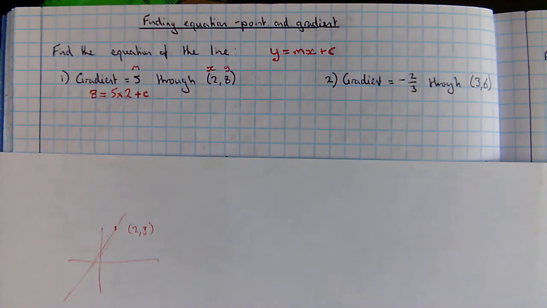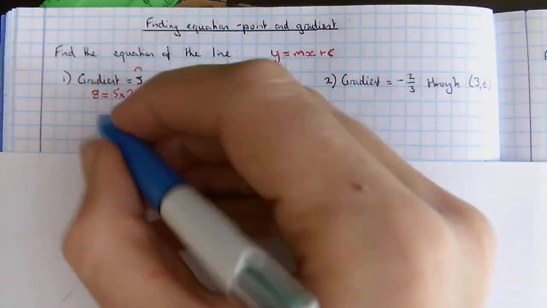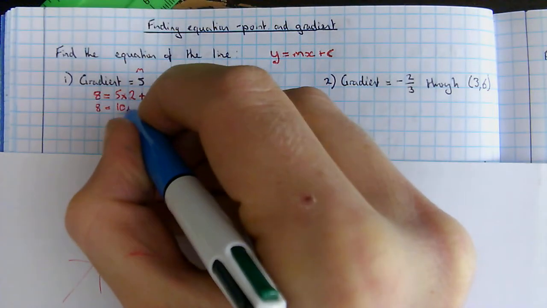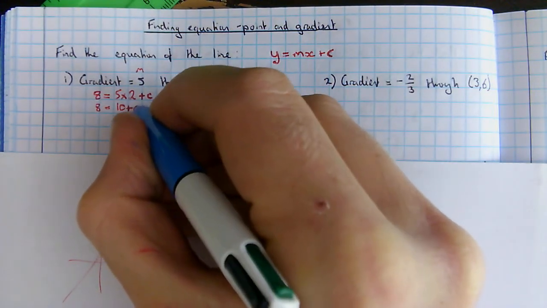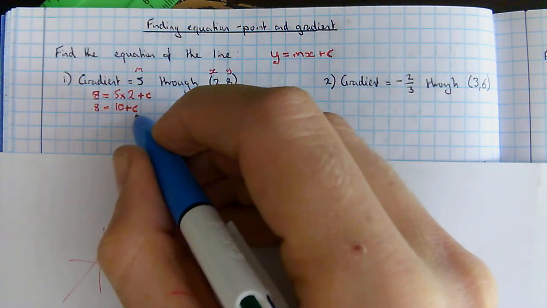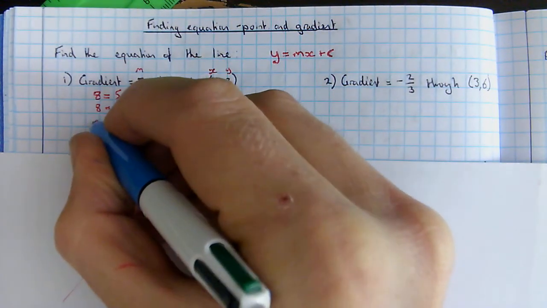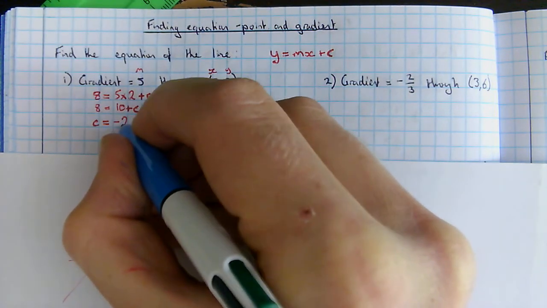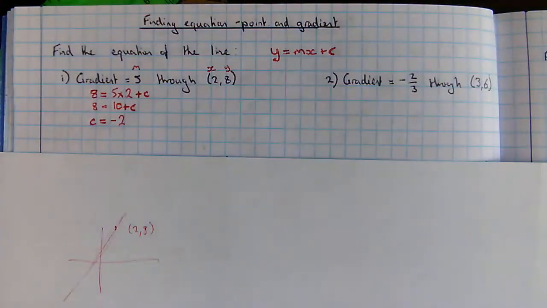8 equals 5 times 2 plus c. So that means that 8 equals 10 plus c, and we're left with a simple equation to solve. 10 plus something is 8. Well, c must equal minus 2. 10 plus minus 2 equals 8. Okay, so we know that the y-intercept must be minus 2.